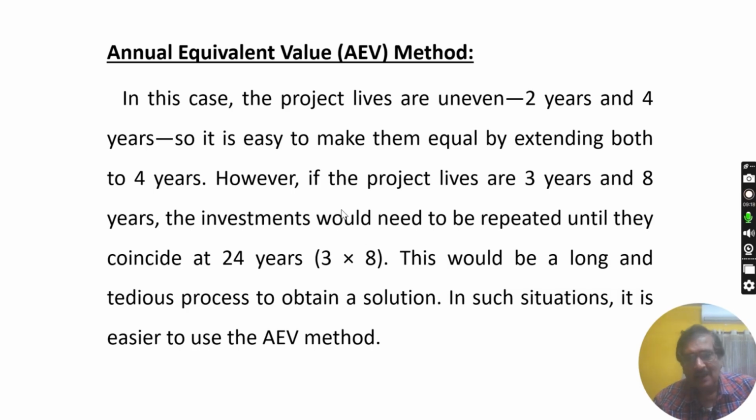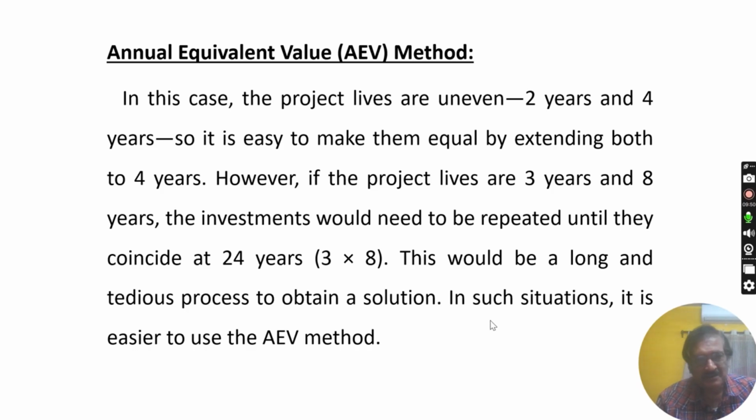However, if the project lives are 3 years and 8 years, say the life of project X is 3 years and the life of project Y is 8 years, or vice versa, then the investments will need to be repeated until they coincide at 24 years. After 24 years only, 3 into 8 will match the same length. This would be a long and tedious process to obtain a solution.